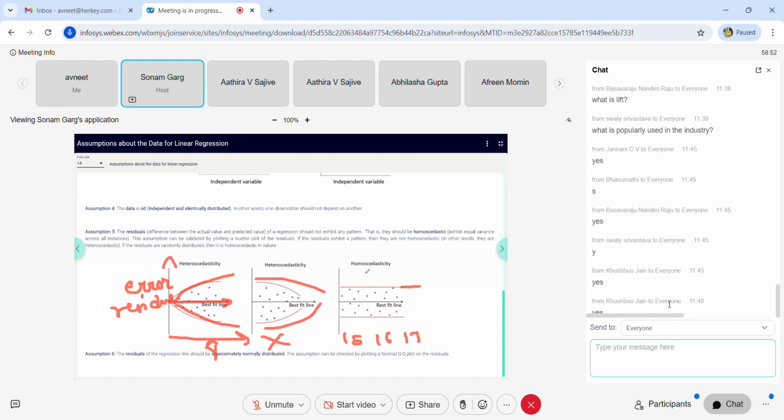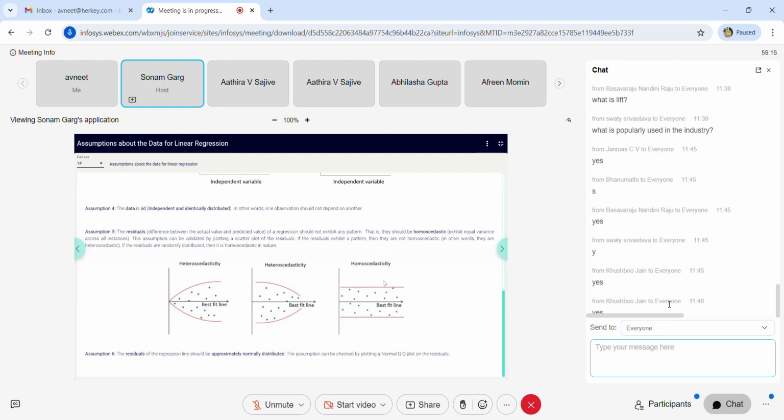If the errors are equally distributed and they do not exhibit any specific pattern, we say that the data is homoscedastic. That means it exhibits equal variance across all the instances, all the rows of your data. So we have used this scatter plot to see.